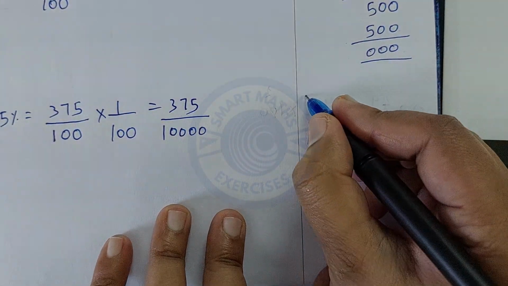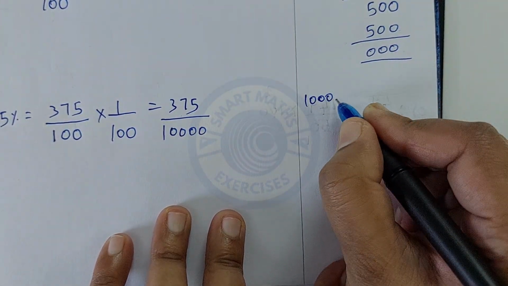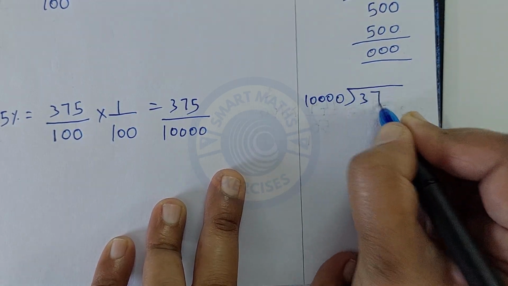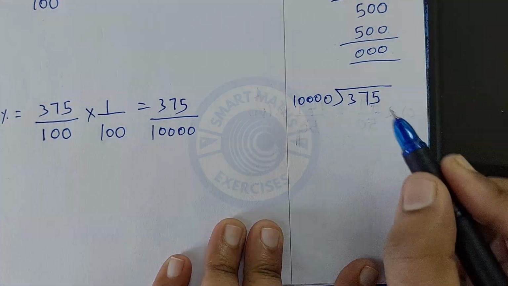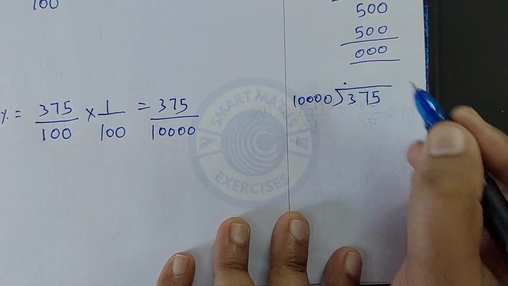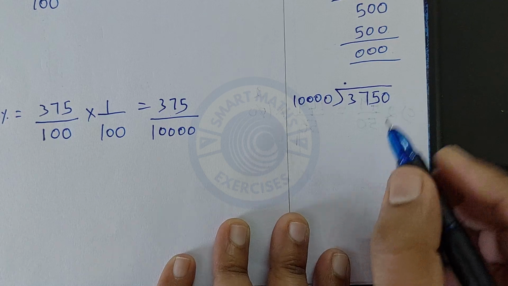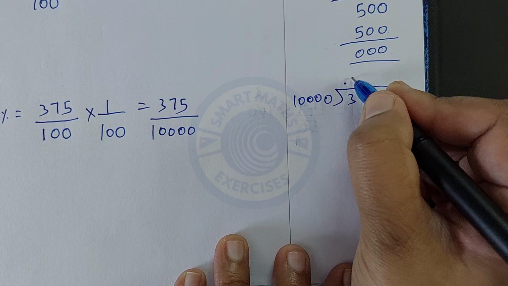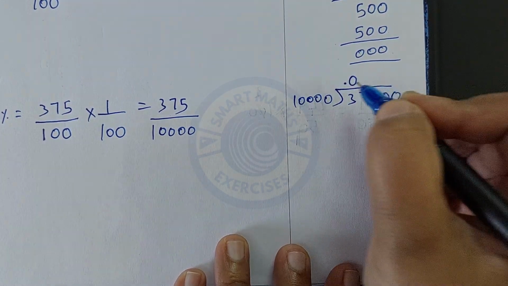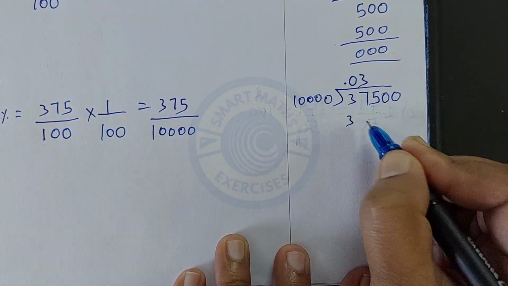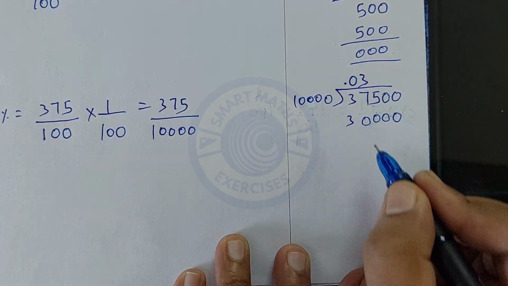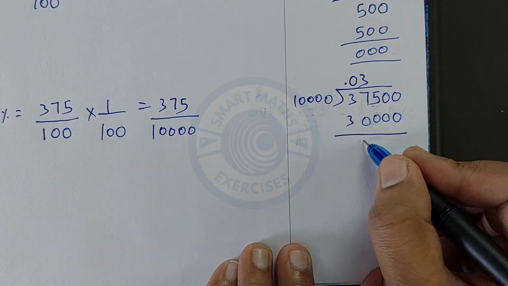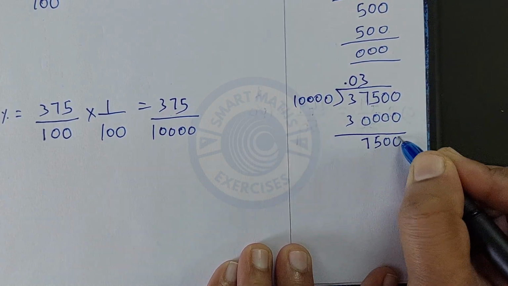Now divide 10,000 with 375. 375 is less than 10,000, so we add a decimal point and add a 0. Again, 3,750 is less than 10,000, so we add a 0 and add one more 0. 10,000 threes are 30,000. Subtract 37,500 with 30,000, will be left with 7,500.